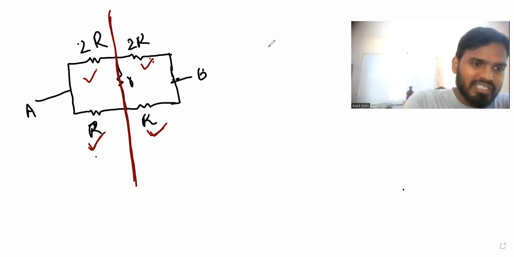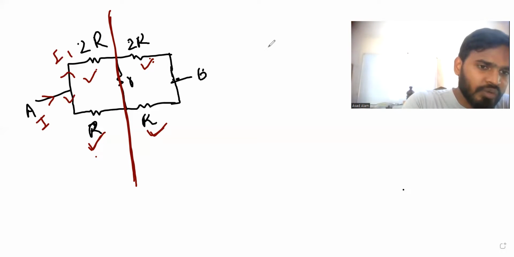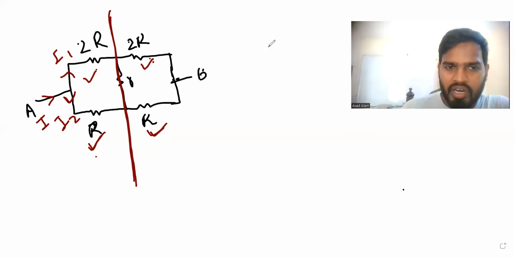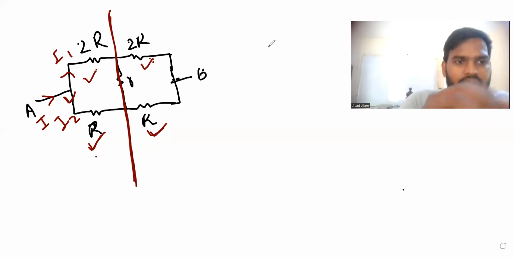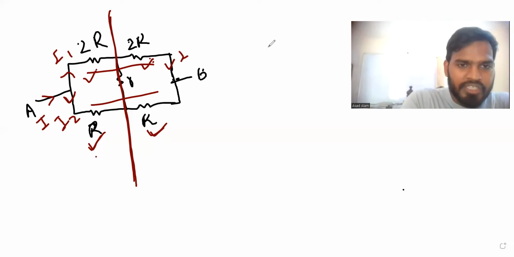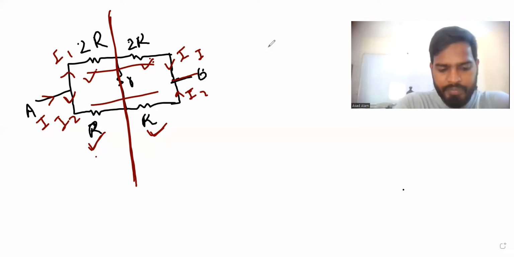Another way we can say it: suppose current I is flowing here. Let's consider I1 is going here, and here it is going I2. Finally, all the way it will go in this direction, and then finally you will get current I1 here and I2 here, and the same current comes out.